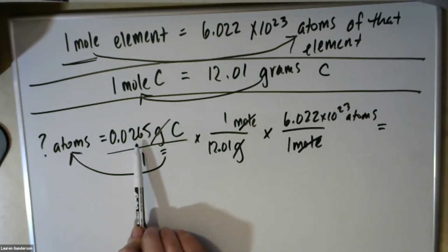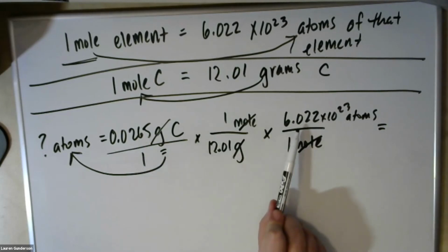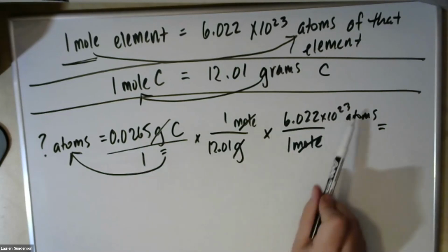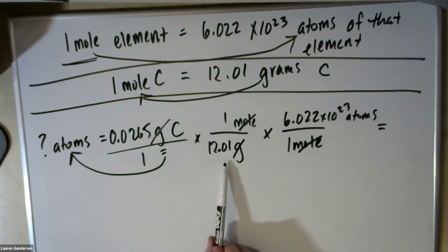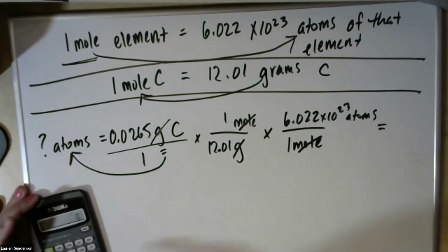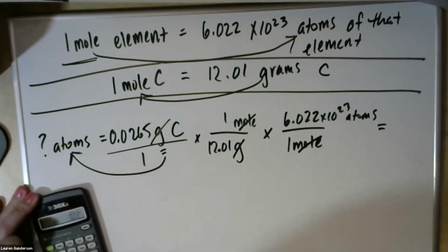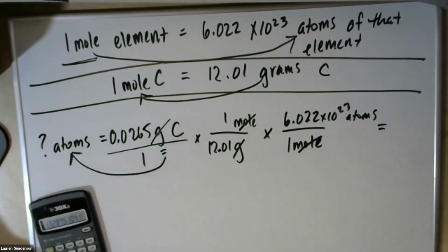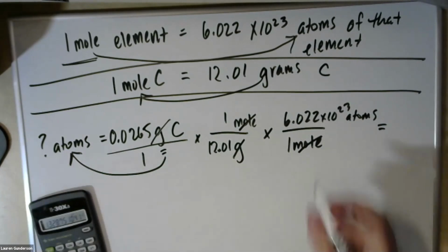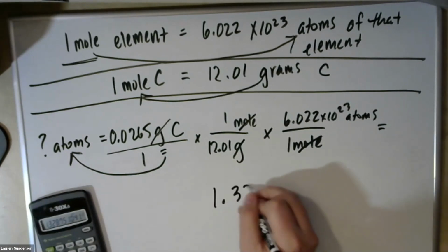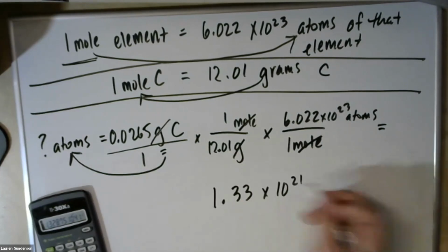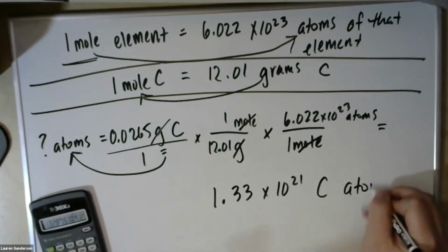So 0.0265 times 6.022 times 10 to the 23 divided by 12.01. And we should end up with 1.33 times 10 to the 21 carbon atoms in this sample.